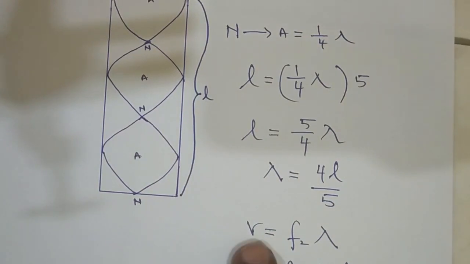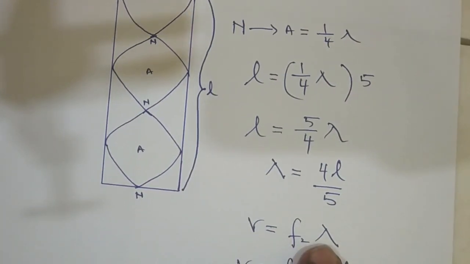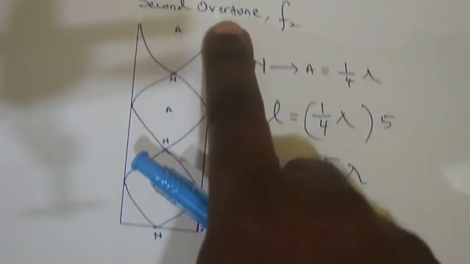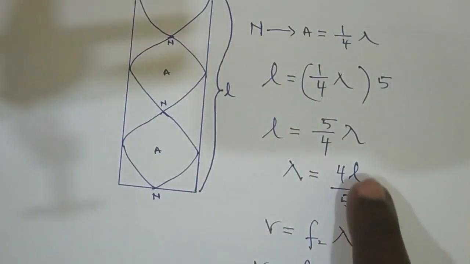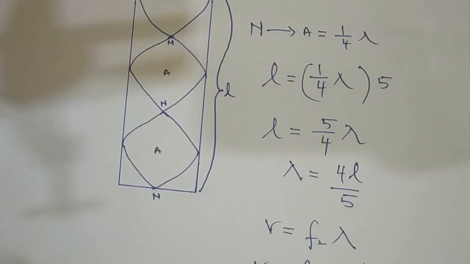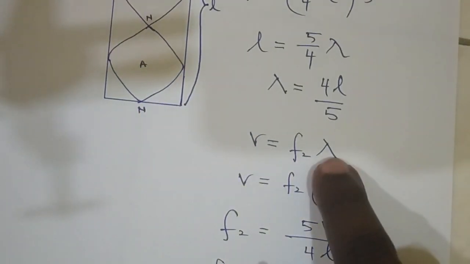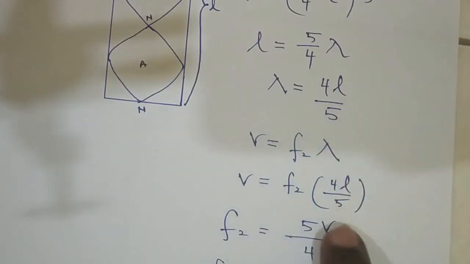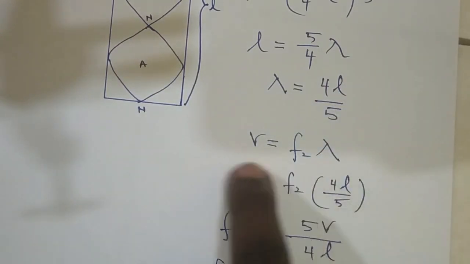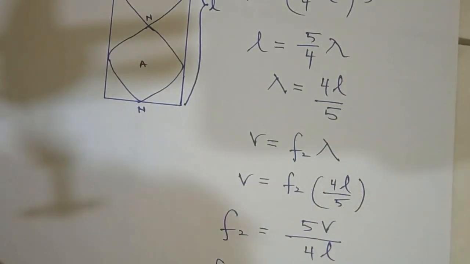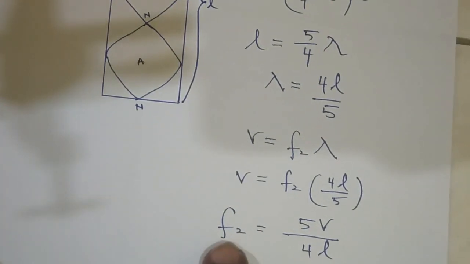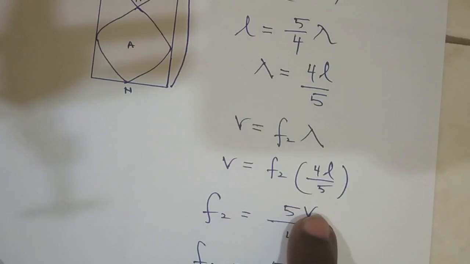So the speed of wave propagation V equals F2 times lambda. F2 is the second overtone and lambda is 4L over 5. We substitute in this equation, and then you will get the frequency of the second overtone equals 5V over 4L.